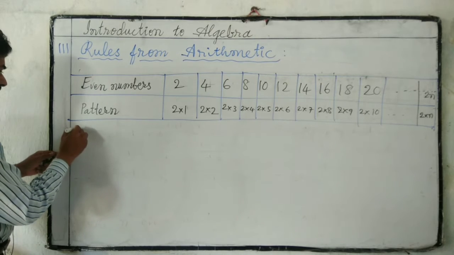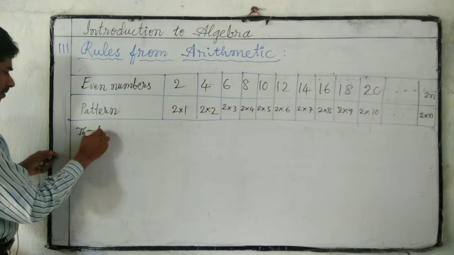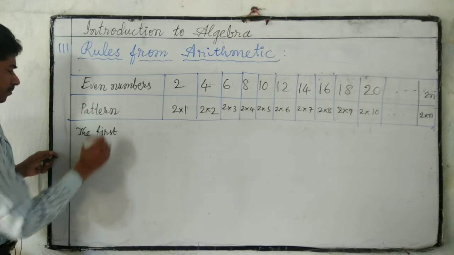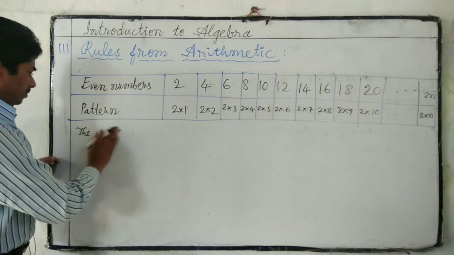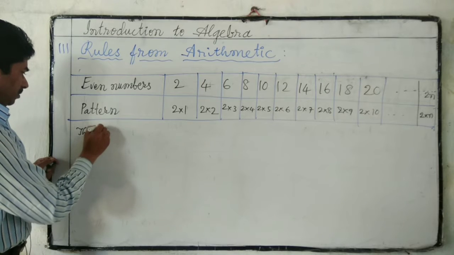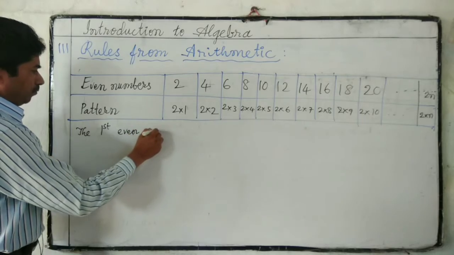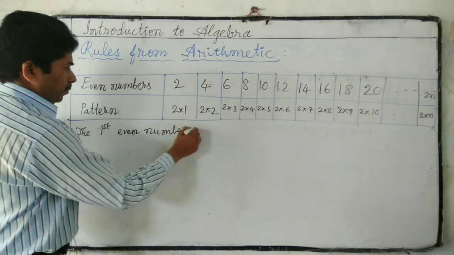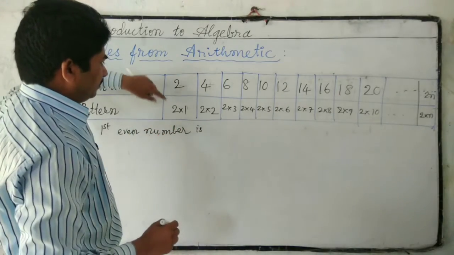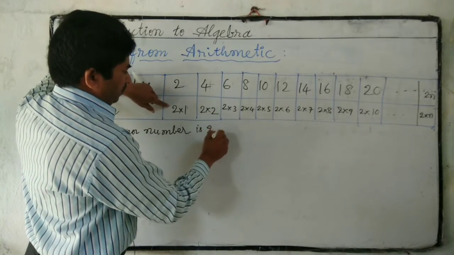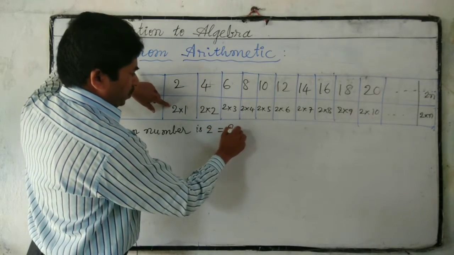The first even number is 2. We can write it as 2 ones are 2.